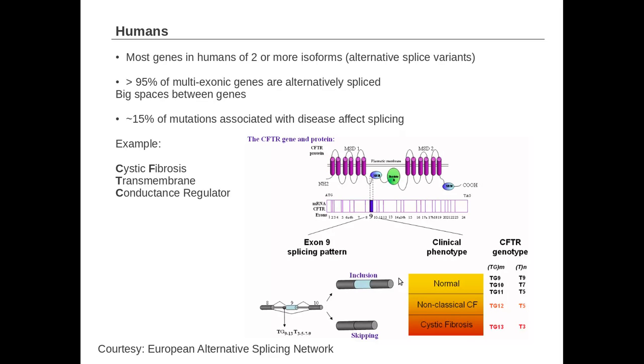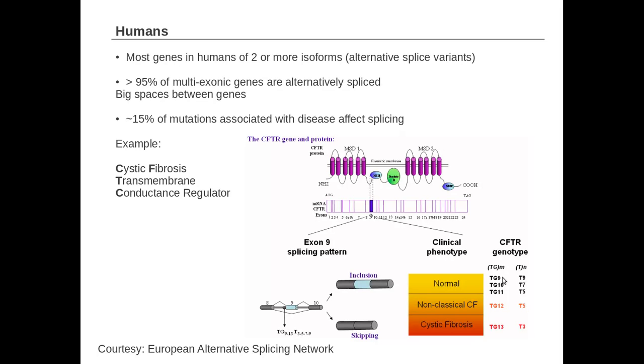So when exon 9 is included in the transcript, you end up with a normal tissue. However, when exon 9 is skipped via an alternative splice event, this is what leads to cystic fibrosis. So the ultimate reason for it is because of a mutation. TG is a short tandem repeat of TGs in the intron.